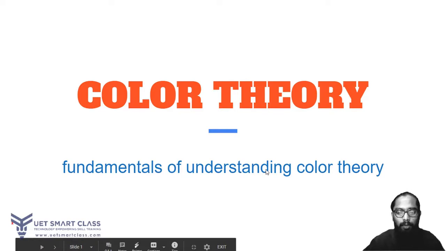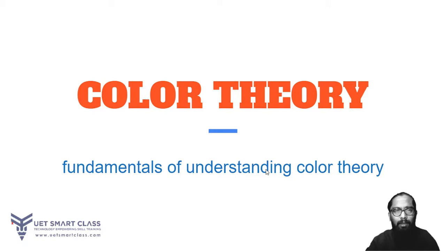It's called color theory. Look guys, color theory is the ultimate thing. If you can choose colors for your artwork according to the grammar of the color wheel or color theory, your artwork can be eye catching and can attract customers.